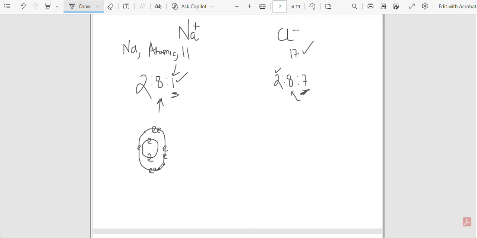This is going to be 1, 2, 3, 4, 5, 6, 7 and 8. Then we go to the last one, which has 1 electron. So you put its electron here. So that is for the case of this sodium.